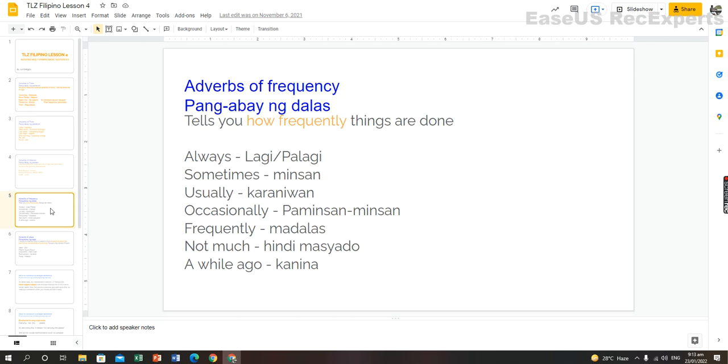So adverbs of frequency, pang-abay ng madalas. They tell you how frequently things are done. Always, lagi, palagi, minsan, karaniwan, paminsan-minsan, madalas, hindi masyado, kanina. Nangyari yan kanina, that happened a while ago.